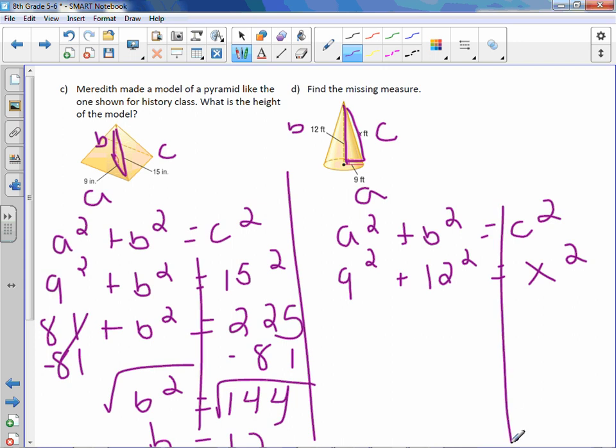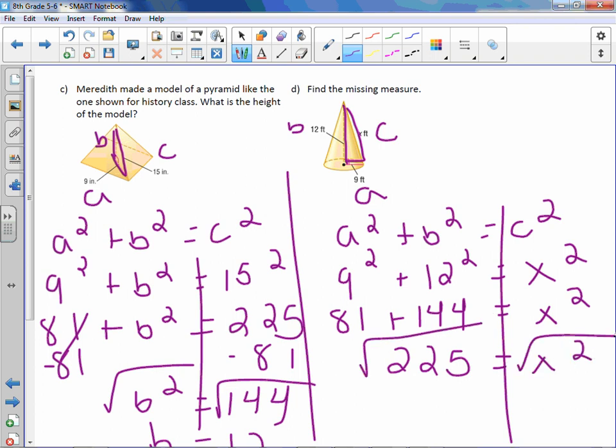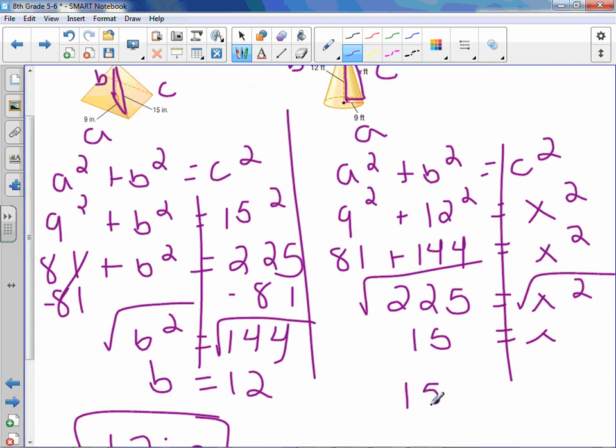Again, you can leave it as C. 81 plus 144 equals X squared. 225 equals X squared. Square root. 15 equals X, and it's 15 feet.